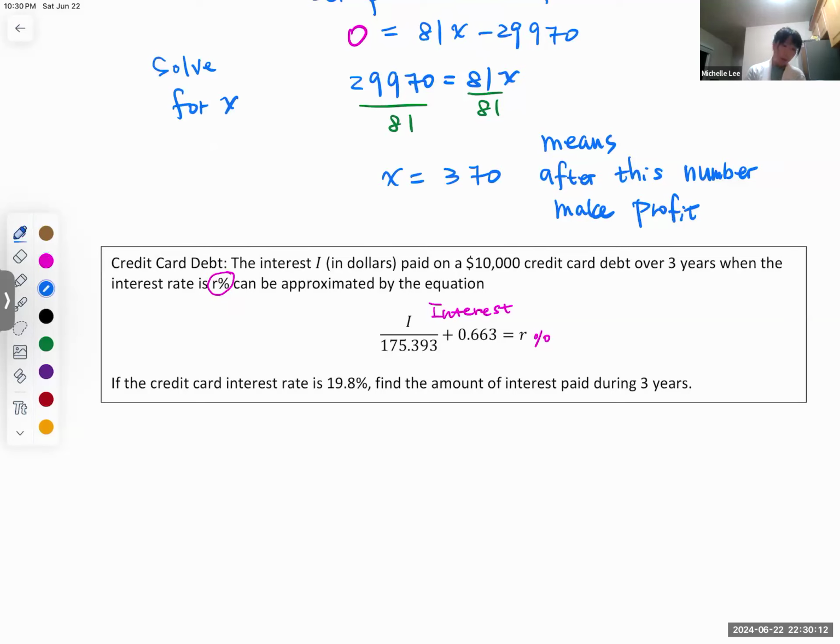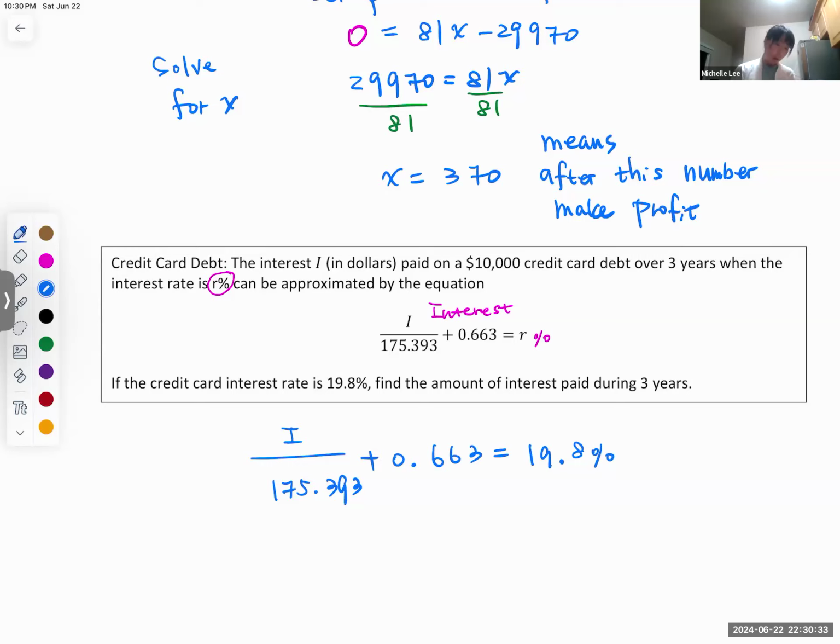So we have I, which we want to know, over 175.393 plus 0.663 equal to our percent. So we are just using 19.8%.